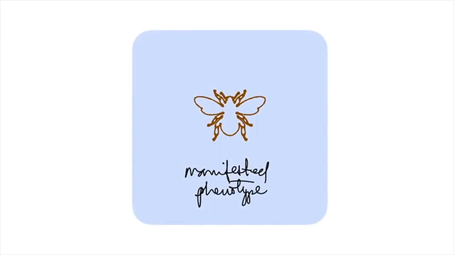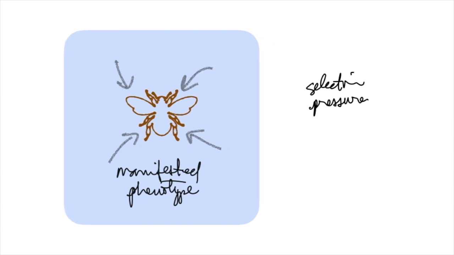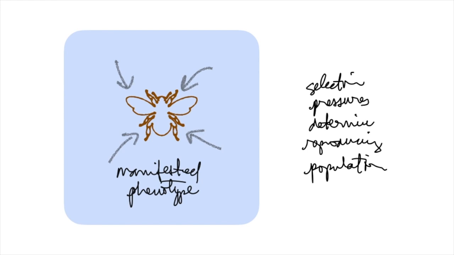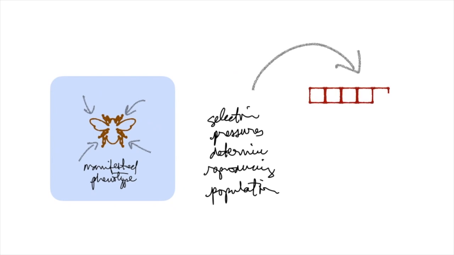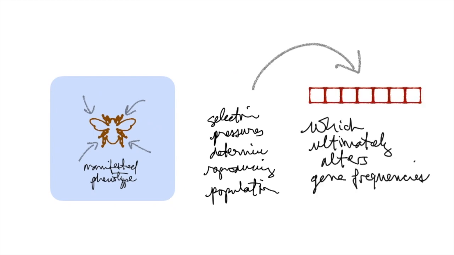This manifested phenotype is embedded in an environment, and this environment exerts various selection pressures on the characteristics making up the phenotype, such that the selection pressures determine the reproducing population, which ultimately alters gene frequencies, thus the manifestation of future phenotypes.